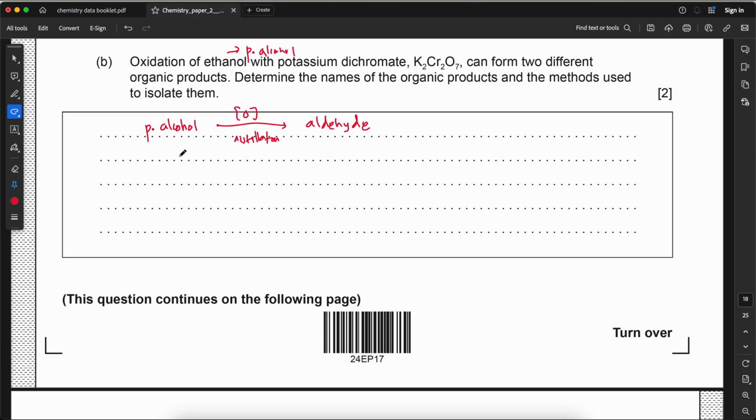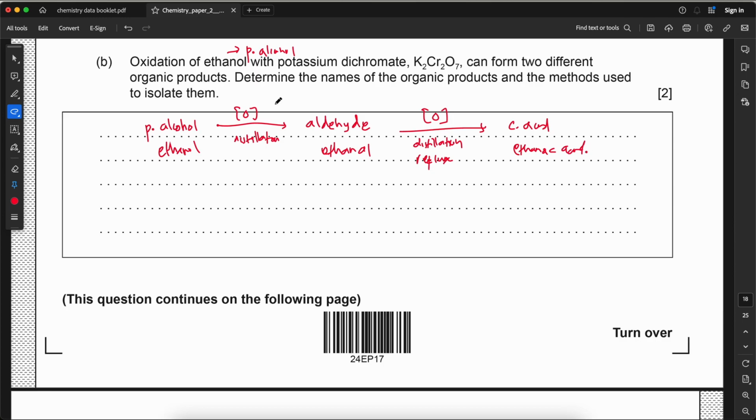So in the case of ethanol, it will produce ethanal, and when you oxidize again, this time with reflux, you will get a carboxylic acid, which is ethanoic acid.